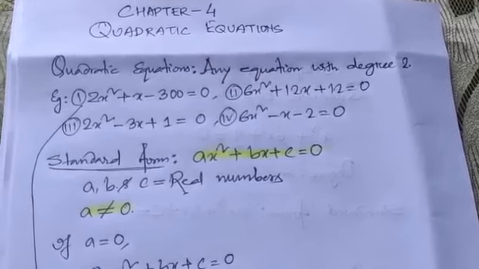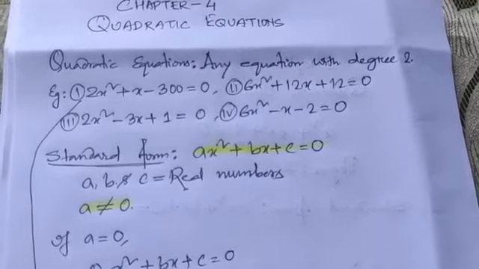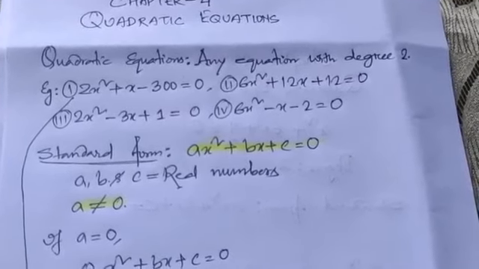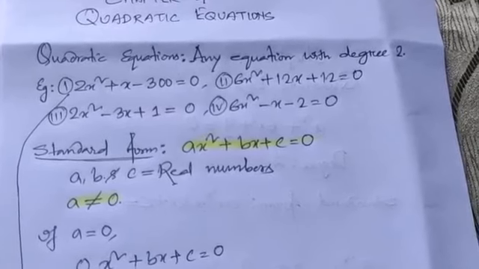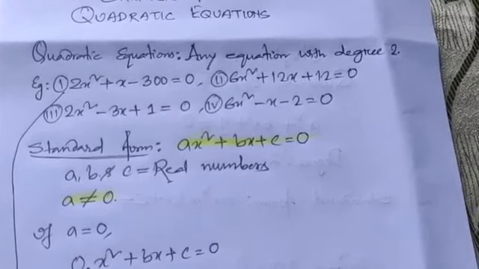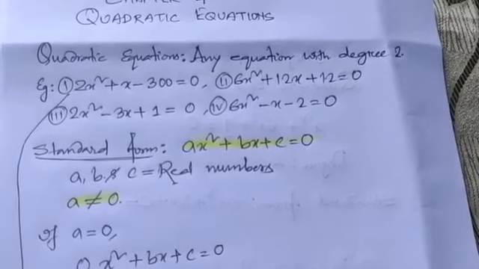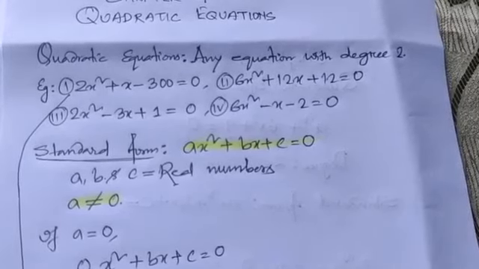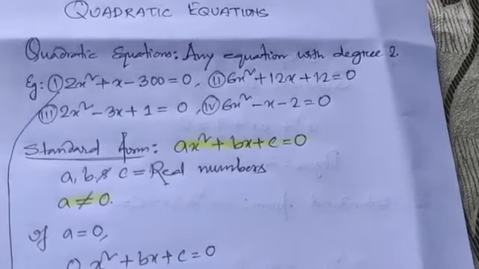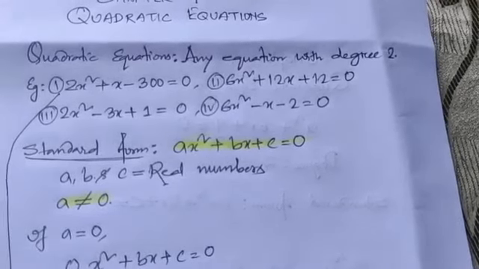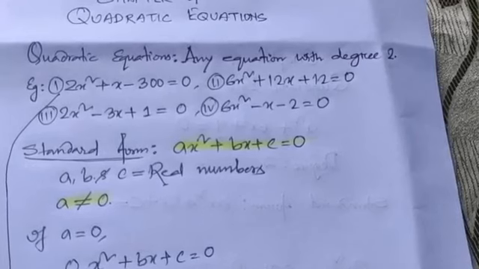You can see an example. 1: 2x squared plus x minus 300 equal to 0. Equation 2: 6x squared plus 12x plus 12 equal to 0. Equation 3: 2x squared minus 3x plus 1 equal to 0. Number 4: 6x squared minus x minus 2 equal to 0.